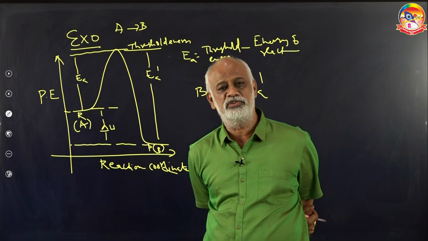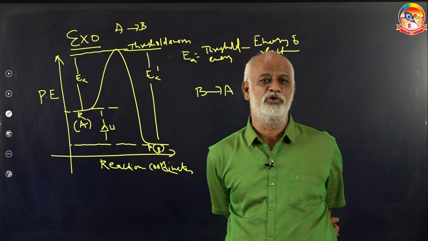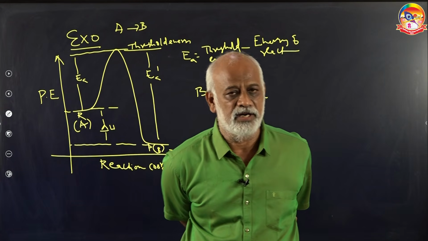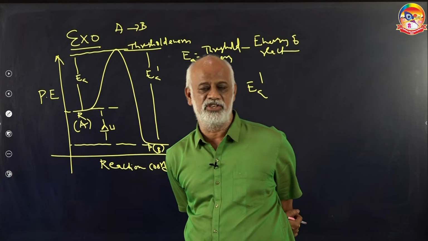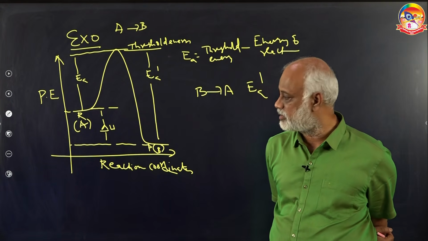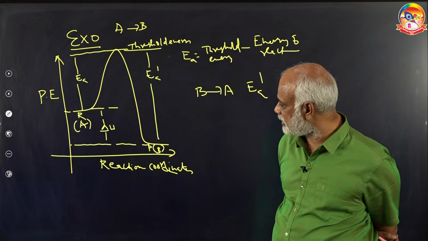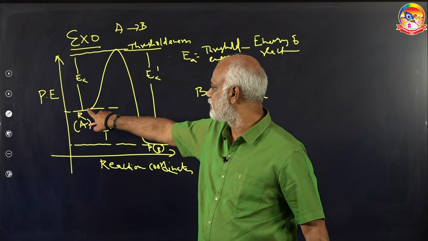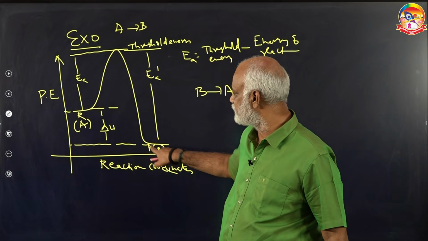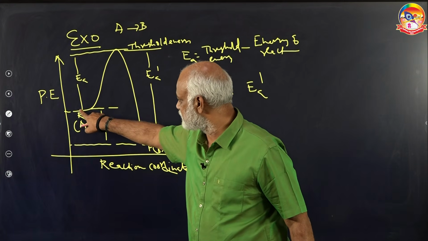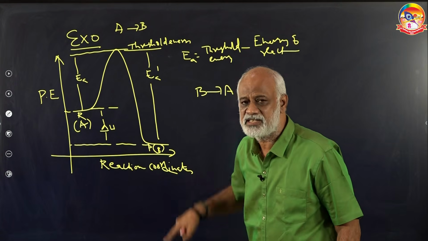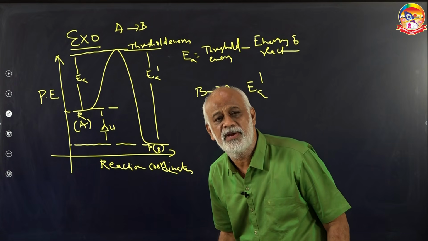Hence, throughout this particular chapter, we use an important term called activation energy. Then the question comes, what is delta H, sir? This is the energy of the reactant, this is the energy of the product. Reactant has this much energy, but the product has lesser energy. What happened to the remaining energy?